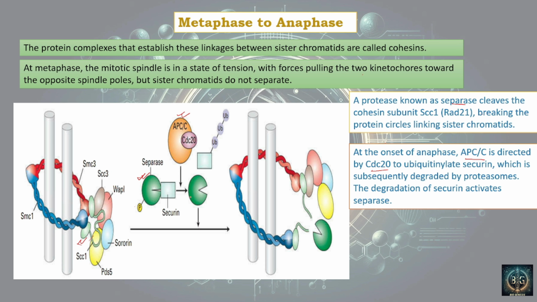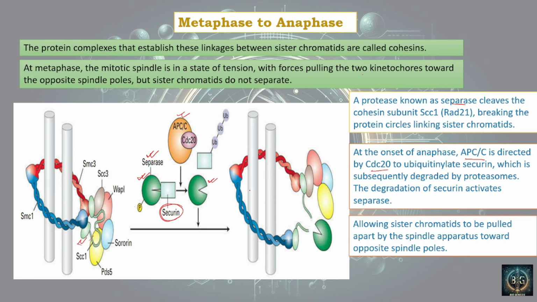That means it tries to destroy the securin protein, which is subsequently degraded by proteasomes, and this degradation process activates the separase protein. Then the separase protein is activated and it cleaves the SCC1 subunit, allowing sister chromatids to be pulled apart by the spindle apparatus, and then they move towards the opposite poles.